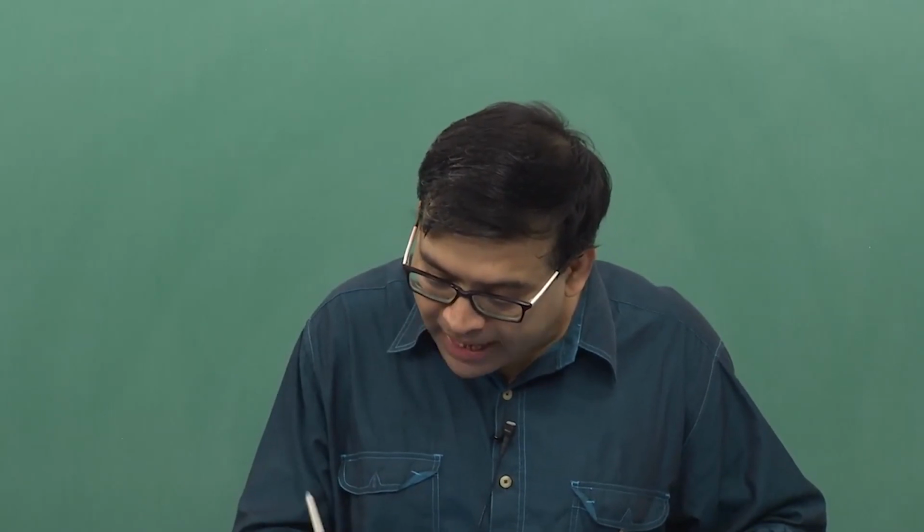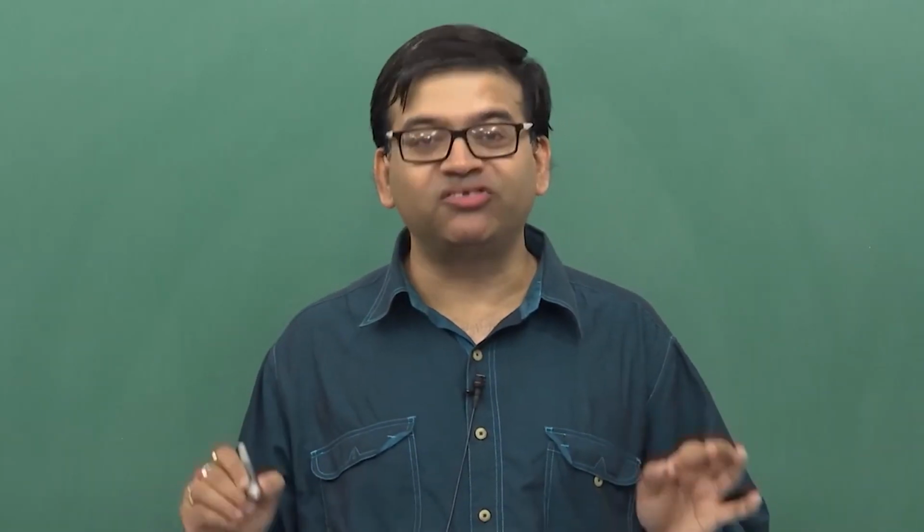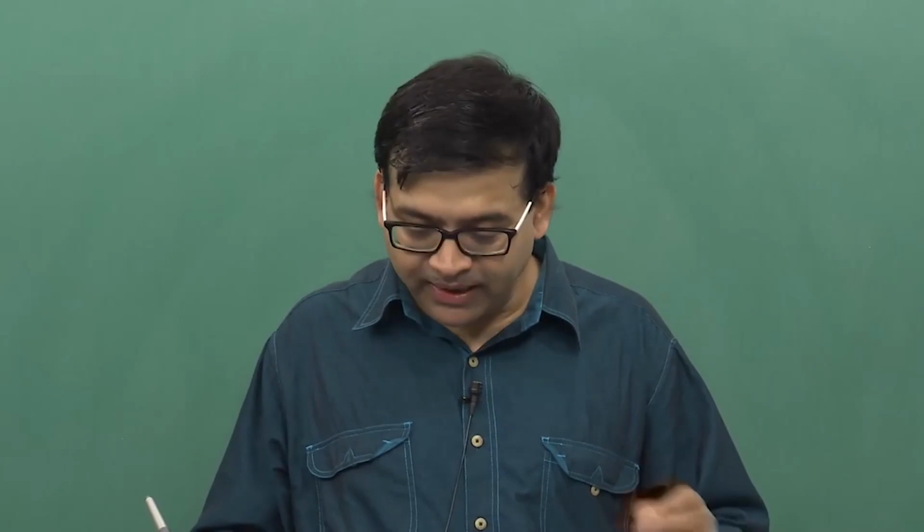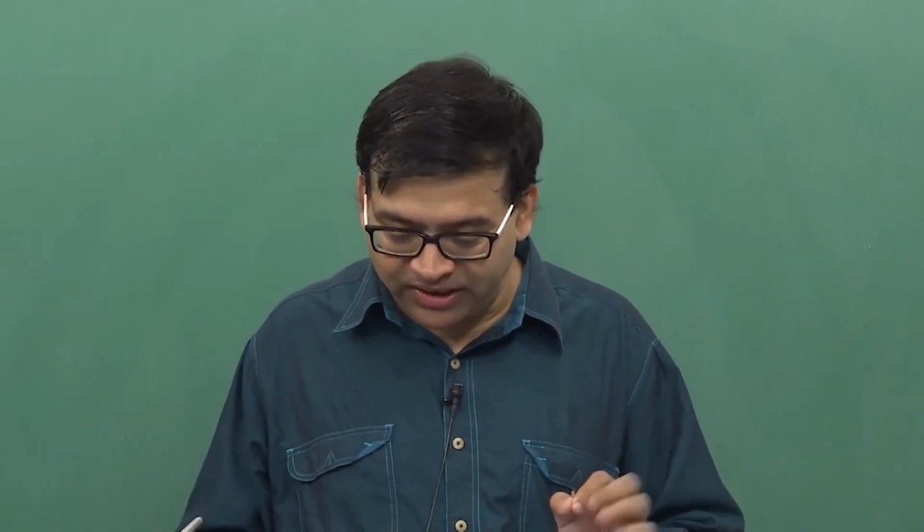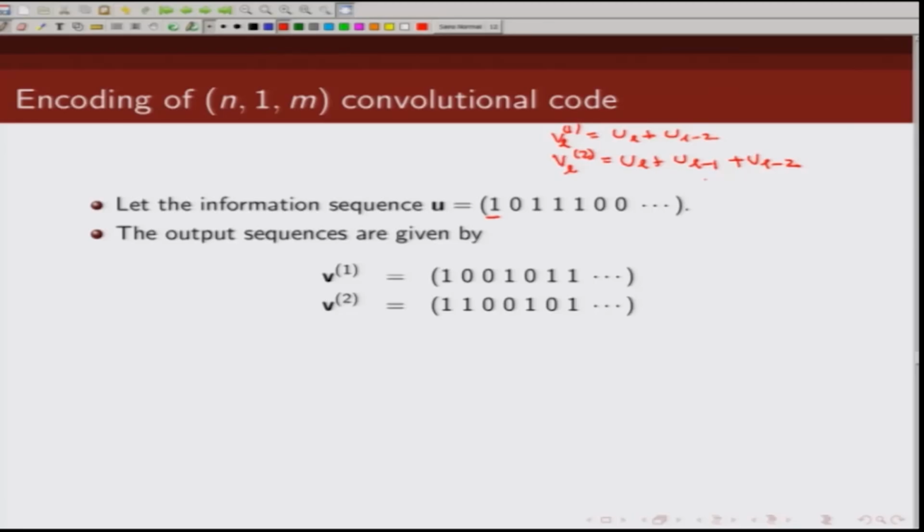In other words, U_{L-2} and U_{L-1} were both 0. Now, if both were 0 initially and U_L is 1, what will be V_L^1? This is 1 plus 0, which is 1. And what is V_L^2? This is 1 plus 0 plus 0, so that is also 1.